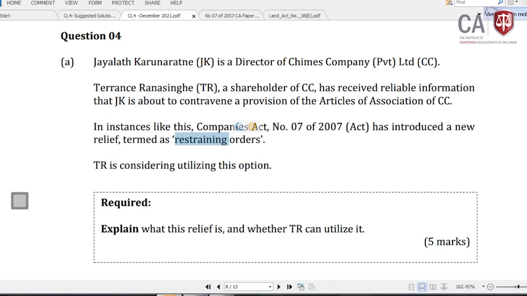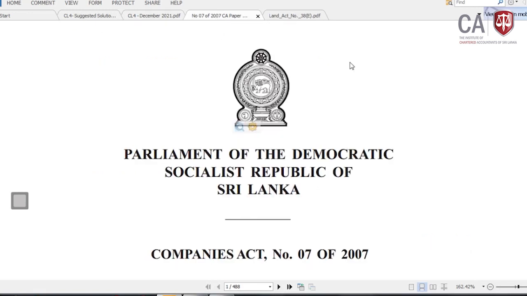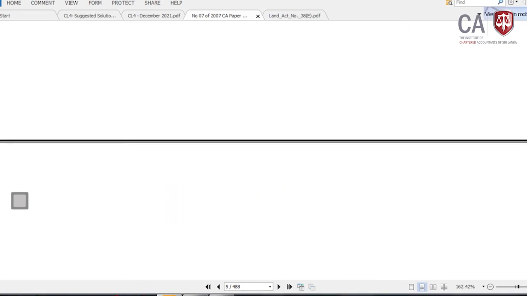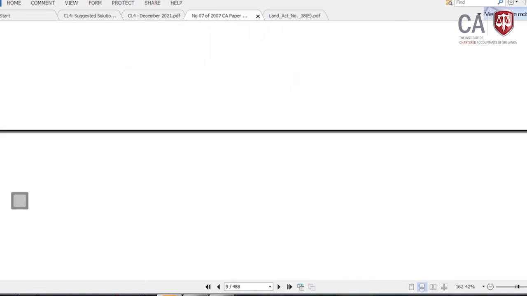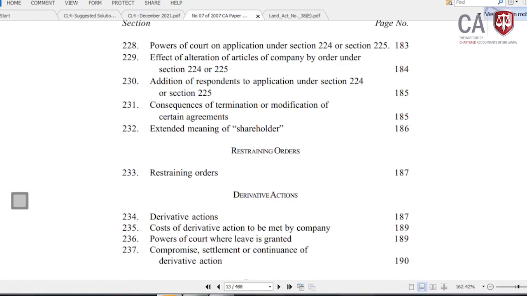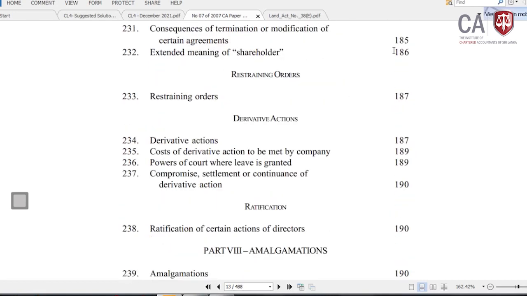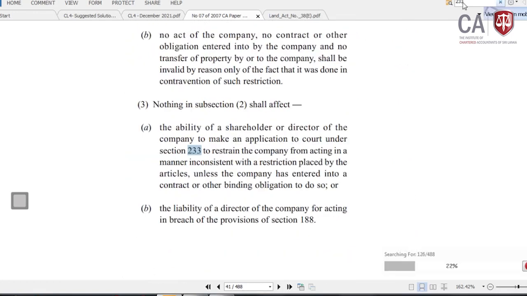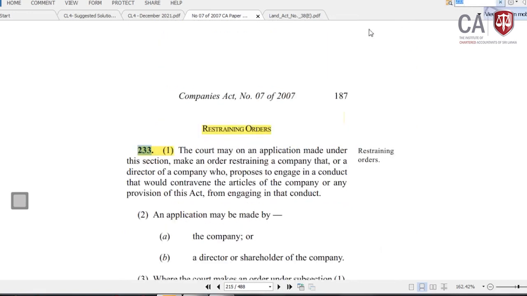Now, let us look at the Companies Act. Section 233 refers to restraining orders.